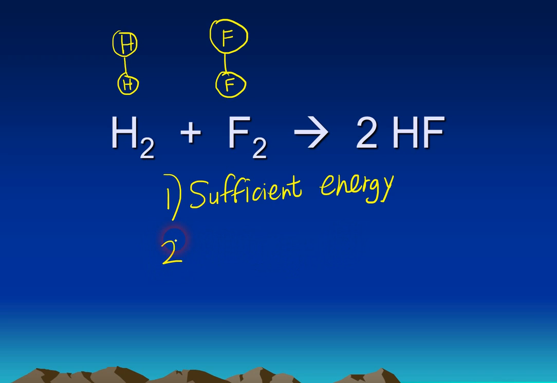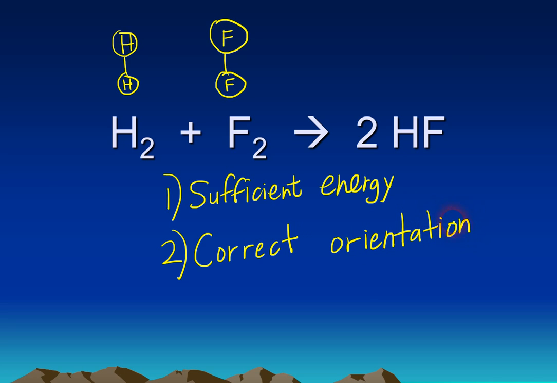The second requirement for these molecules to react with each other is that they react in the correct orientation. What that means is they have to hit in this direction. They have to actually hit like this, straight on. If they hit, say, one on top of the other, that's not going to work.